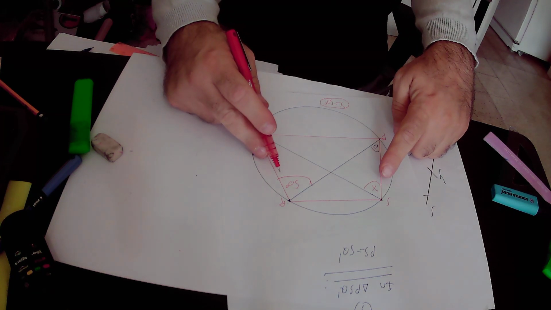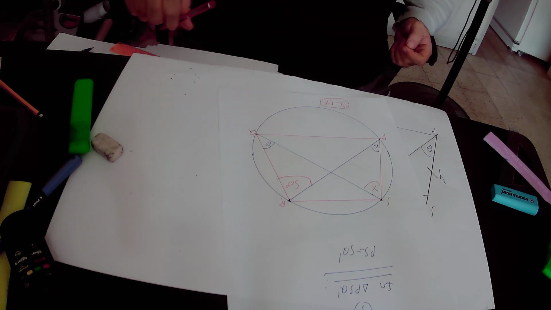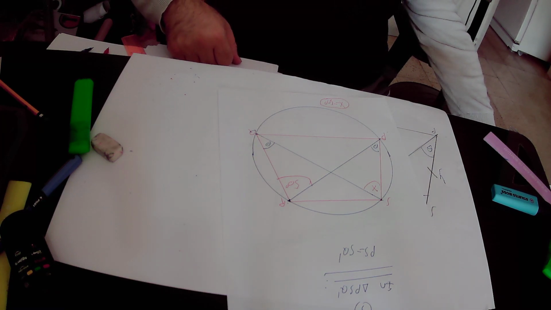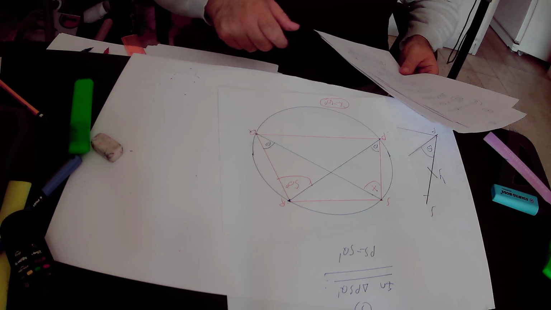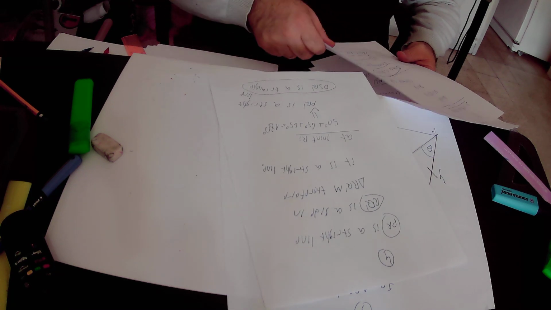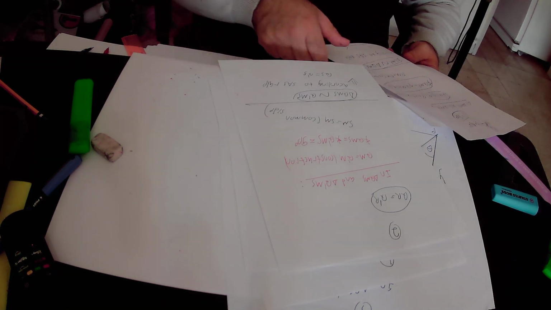That is to say, angle X equals 50 degrees. So we found out that angle X equals 50 degrees according to the second method also. So now I will summarize the lecture. We actually wanted to find out the size of angle X.